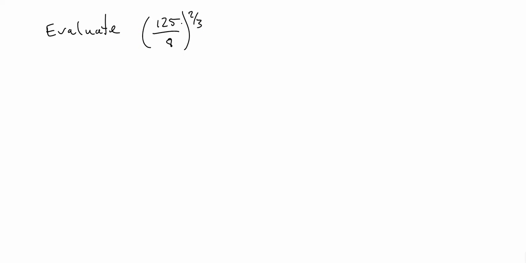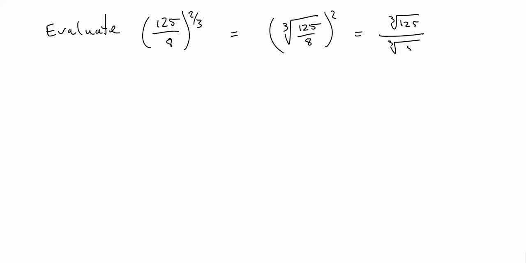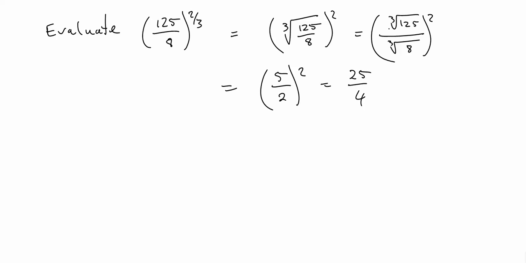So if we want to evaluate a number like 125 over 8 to the power of 2/3, what that means is the cube root of 125 over 8 squared, and the cube root of 125 over 8 is the cube root of 125 divided by the cube root of 8, all squared. The cube root of 125 is 5, the cube root of 8 is 2, squared, which is 25 over 4.